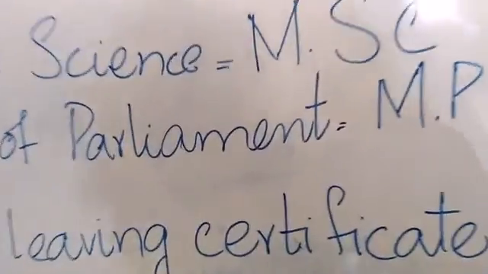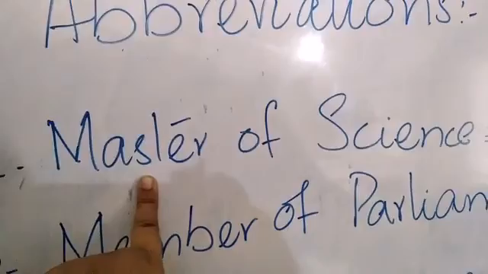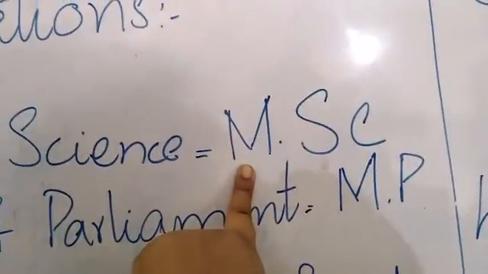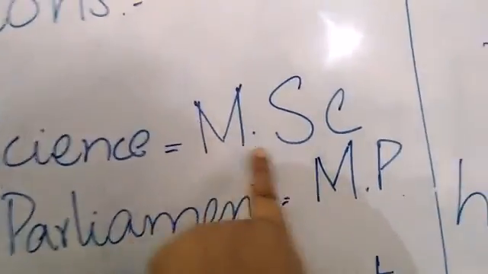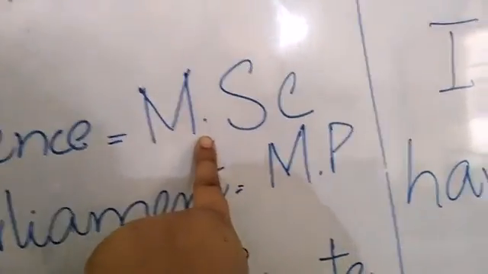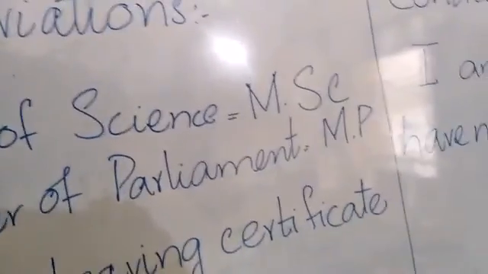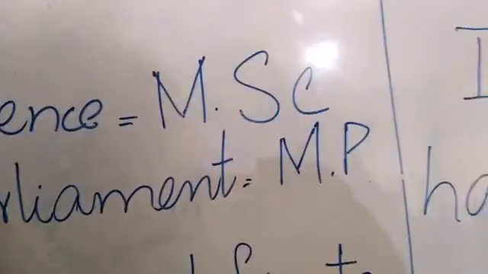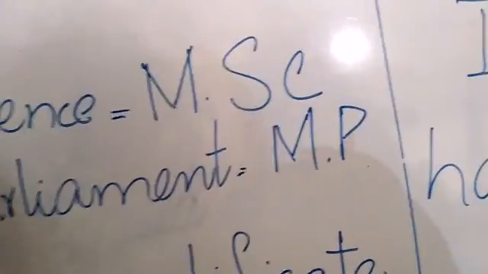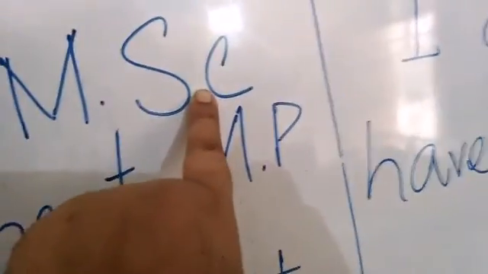Keep one thing in mind when we are going to write any abbreviation. Master, the abbreviation of master is M. We will always write capital M and we will put a full stop after the abbreviation of each word. And in Master of Science, the abbreviation of science is SC.